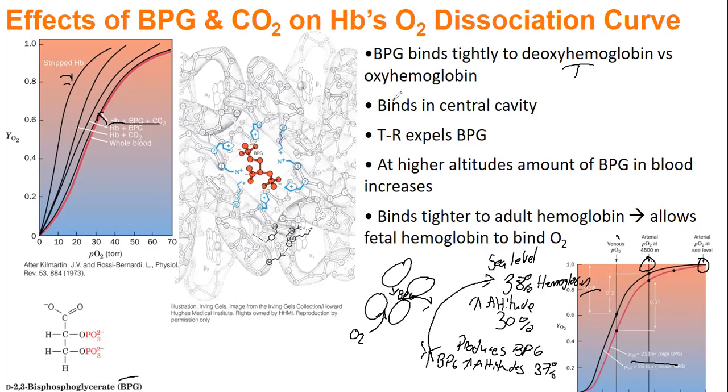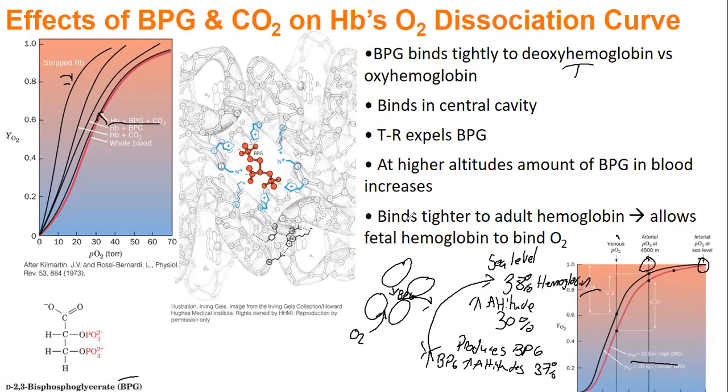Also, fetal tissue has a different hemoglobin than adult tissue. It's actually called fetal hemoglobin. Fetal hemoglobin does not bind BPG well. Adult hemoglobin does.